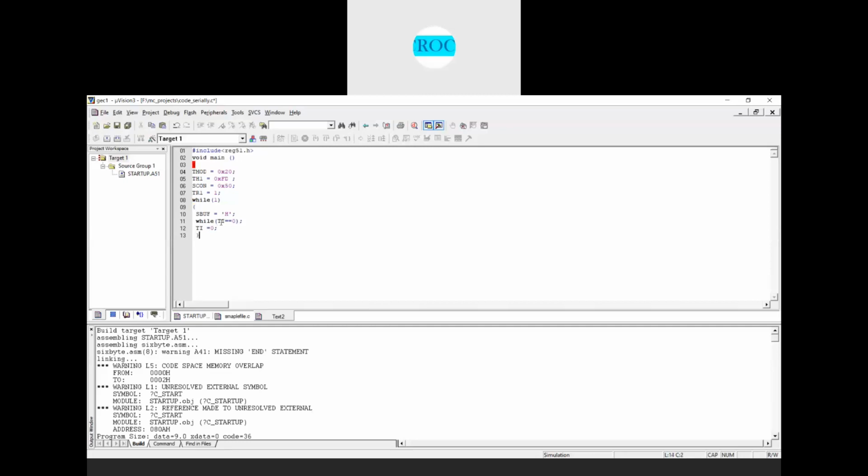Now we close the bracket and close the bracket. When I say while TI is equal to 0 here, it means that the transmit interrupt flag is still not set. It means that the character H has still not been transmitted, and whenever this bit is set to 1, you clear the TI flag there, right?